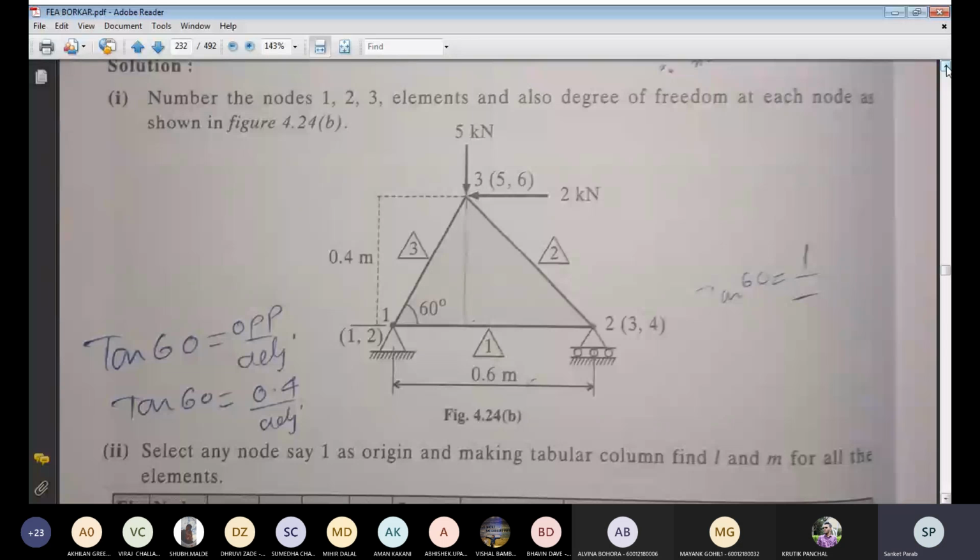There are six variables for deflection and six variables for the forces, so there are 12 variables. Out of these, six we should cover in boundary conditions so that we will be able to find the six unknown variables. So V2 is equal to 0, and P3x and P3y are given.